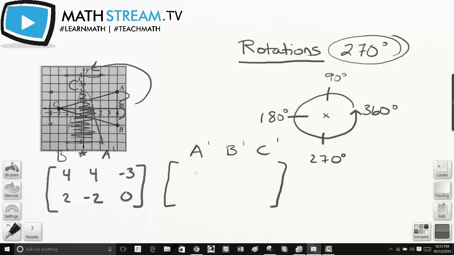So filling that data in, we have 2, negative 4. For B, we have negative 2, negative 4. And C has moved to 0, positive 3. And that's it. That's our answer.